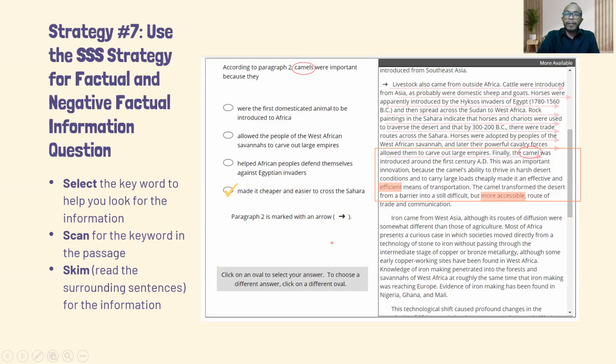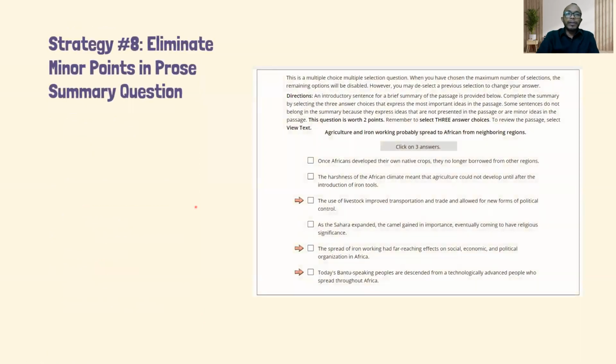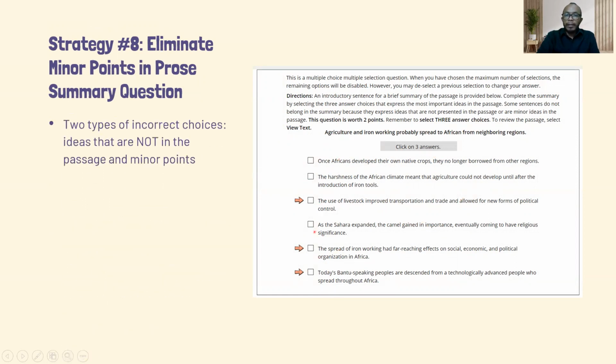Very important one. Now, strategy number 8 is to deal with the prose summary question. So remember, you need to choose 3 of the important points, usually the major points, and anticipate the minor points, okay?